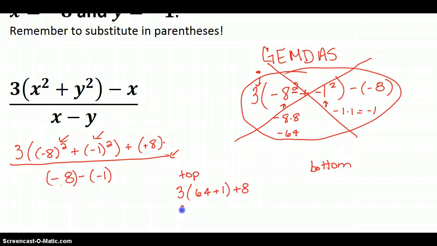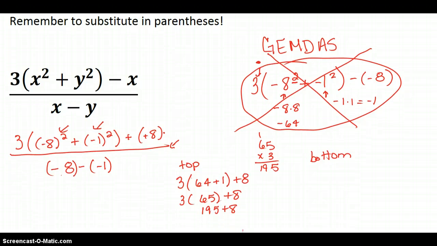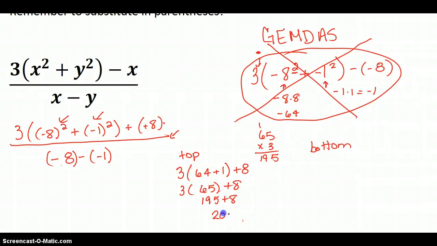So I'm going to continue on the top with 3 times 65 plus 8. I'm going to come over here and do computation since I'm not using a calculator at home. That gives me 195. So 195 plus 8 gives me 203. This is my top. This is my numerator. And my bottom is -8 minus a -1.